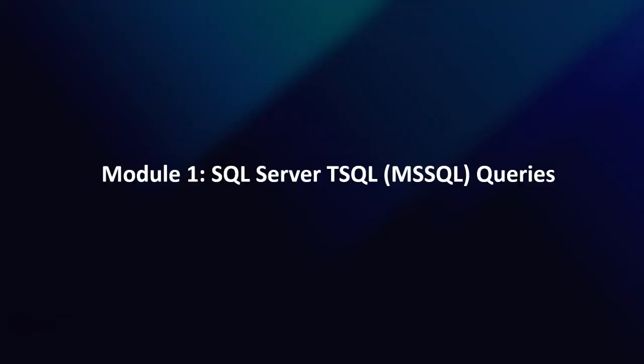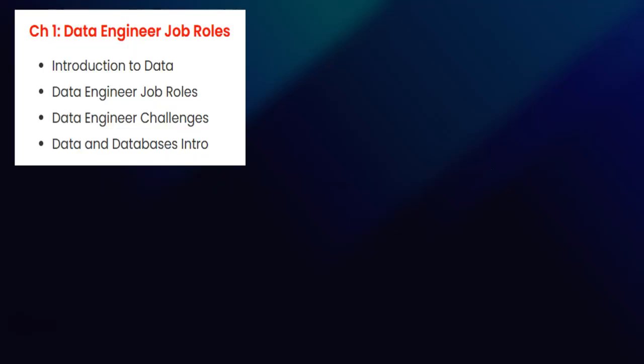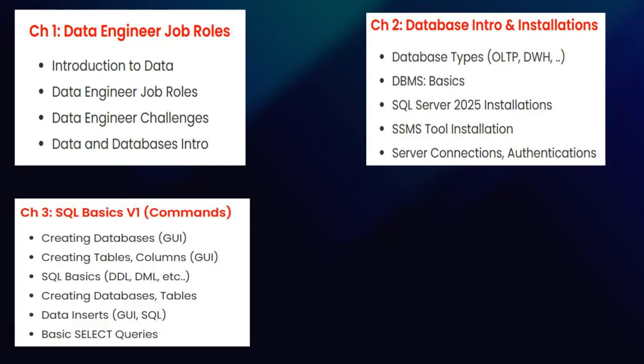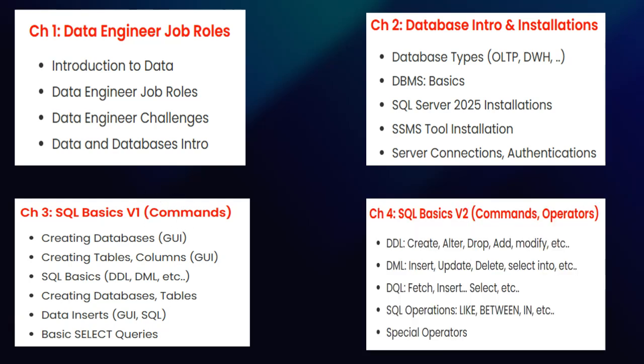And here comes module 1. In module 1, we are going to learn from scratch, from the very basics, about data engineering job roles, introduction and installations, and basic commands of SQL with operators.